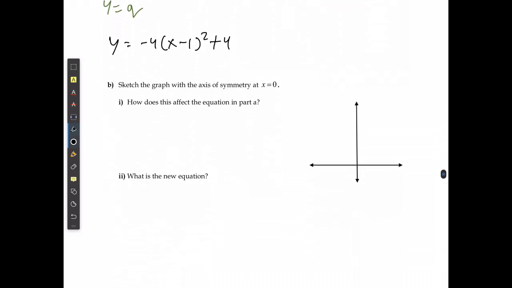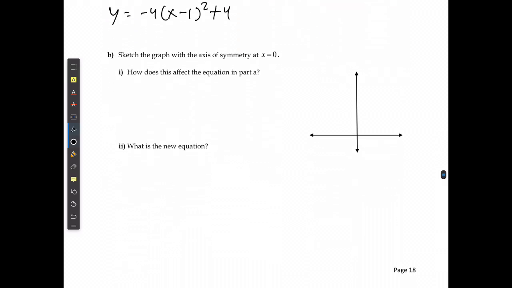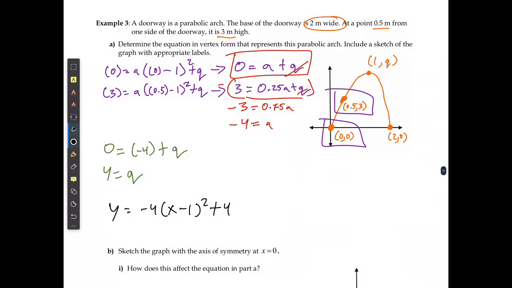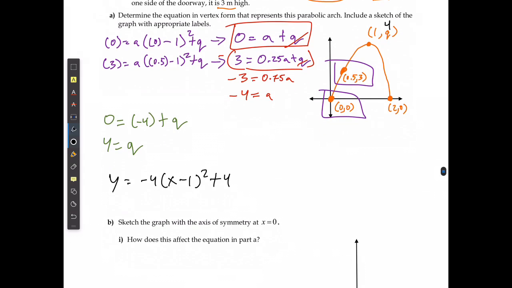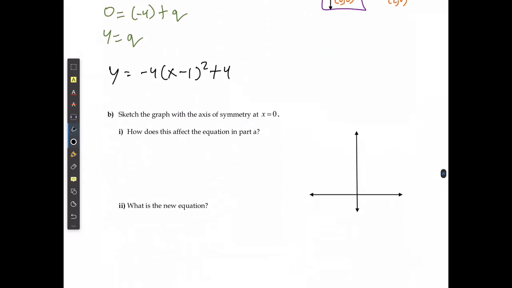If I was to sketch the graph with the axis of symmetry at 0, then now that I know that my q value is 4, then I'm just going to move all of these points 1 unit to the left in order to make my p-value go from 1 down to 0. So I'm going to have a point of 0 and 4.